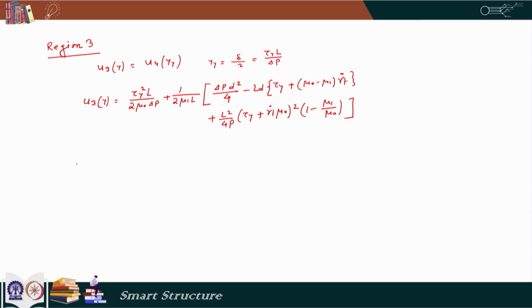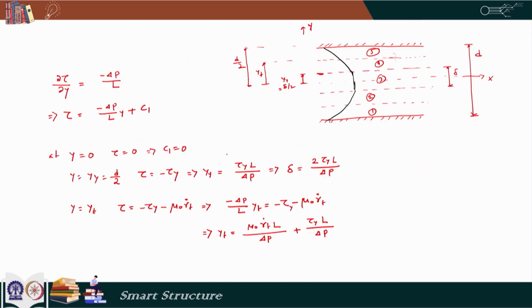So, for that again we can write delta bar as delta by d, and then we define delta t as a new variable which is just twice of y t, which means delta is this dimension from here to here, whereas delta t is the distance between the junction of region 1 and 2 and the junction of region 4 and 5.